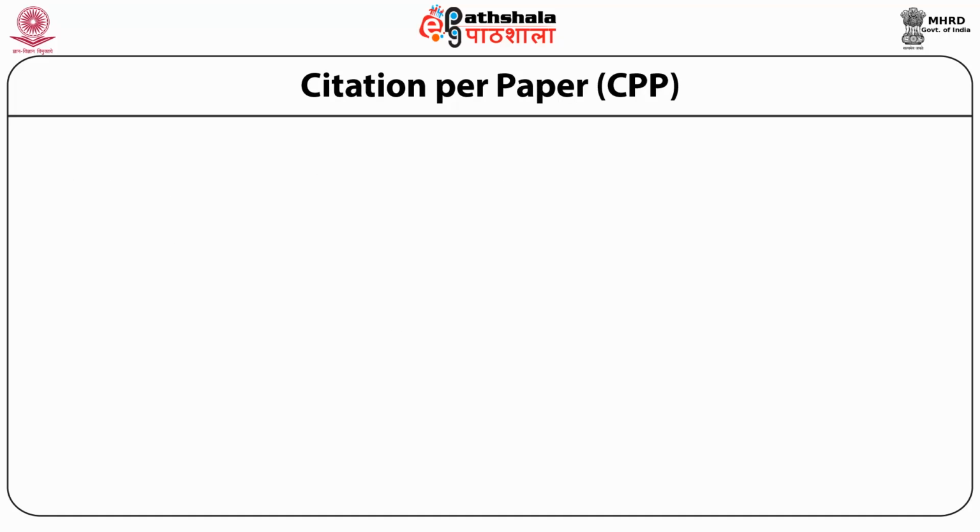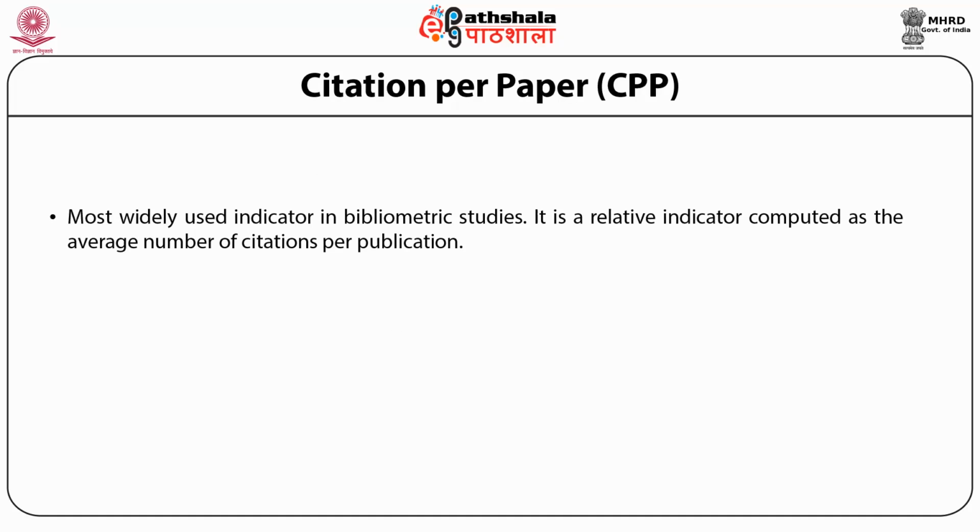Citation per paper. It is the most widely used indicator in bibliometric studies. It is a relative indicator computed as the average number of citations per publication.